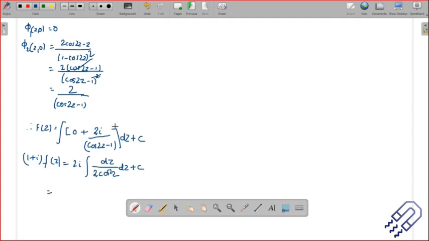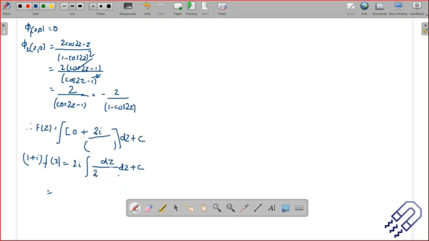Anyway, now I'm getting a different answer here, in terms of sign. This is 1 minus cos 2z whole square, and if I take 2 common, this would be minus. Actually, we can do it both ways, doesn't matter. I can also write it down as minus of 2 divided by 1 minus cos 2z, and maybe I'll put a minus sign here.